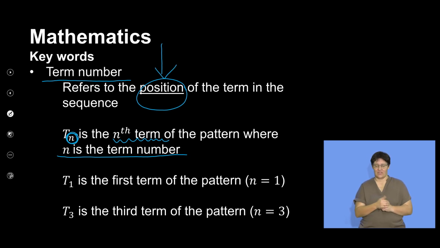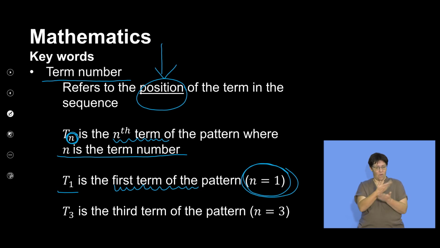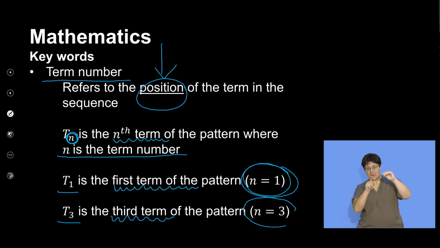So if I say T subscript 1, this means that it is the first term of the pattern. As we can see, we've substituted in a 1 where the n is. T3 is the third term of the pattern because I have substituted in a 3 where n is.